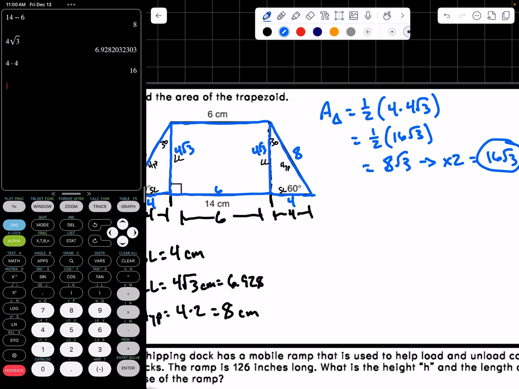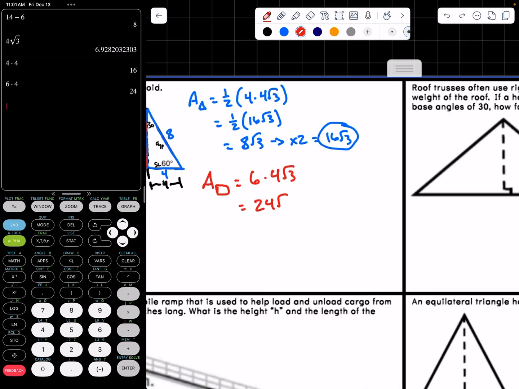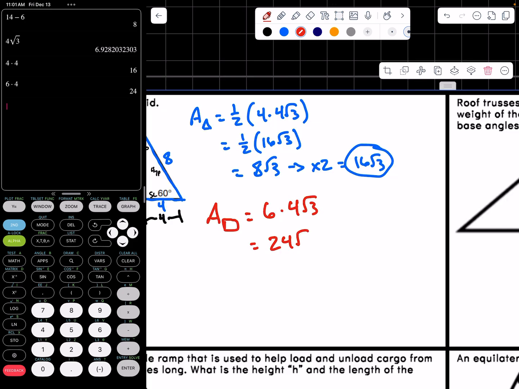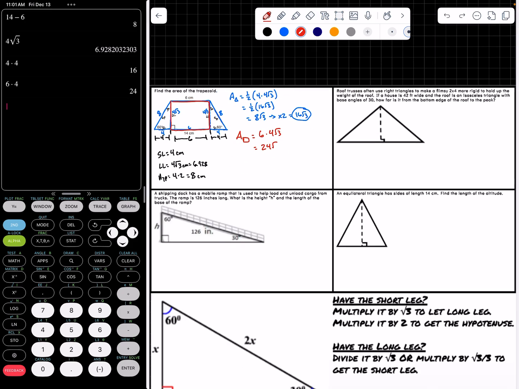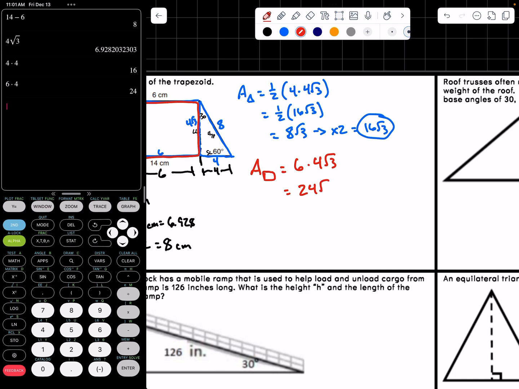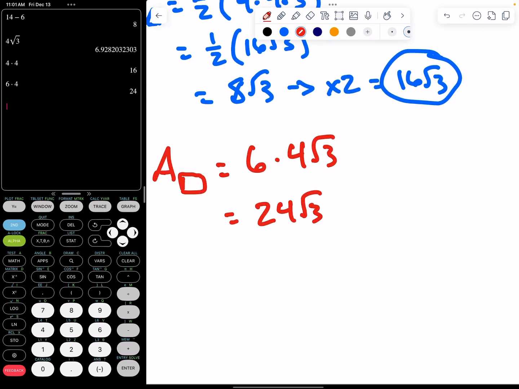And then I have the area of my rectangle, which is 6 times 4 root 3. 6 times 4 is 24, so 24 root 3.